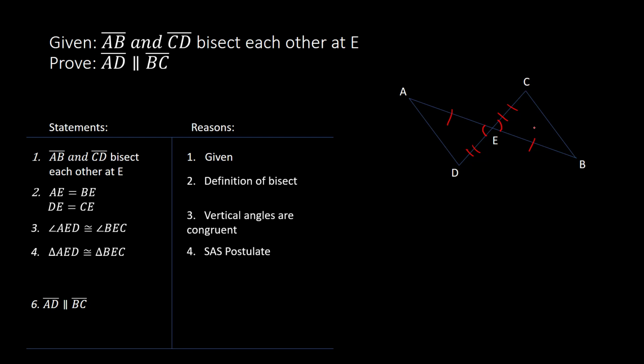And now because those triangles are congruent, we can conclude that the other corresponding angles are also congruent. The ones that we are concerned about would be angle DAE right here, and this other angle, angle EBC, right over here. And we could use the other third angle as well.